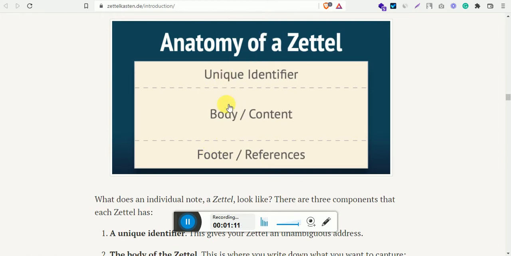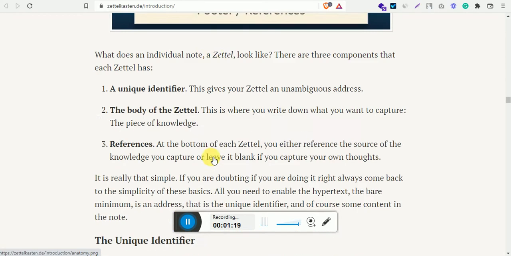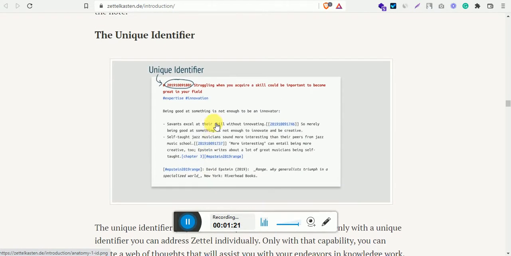So basically this is the anatomy of a Zettel, and now we need to understand more about how to write tags. You can see here, this is a practical example. This is a unique identifier, and these are the tags: expertise and innovation. Being good at something is not enough to be an innovator.